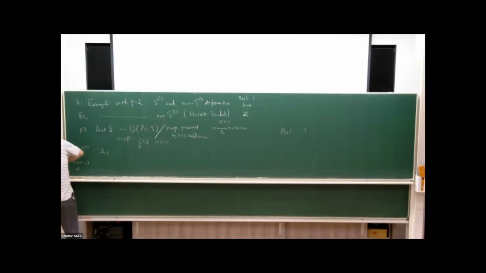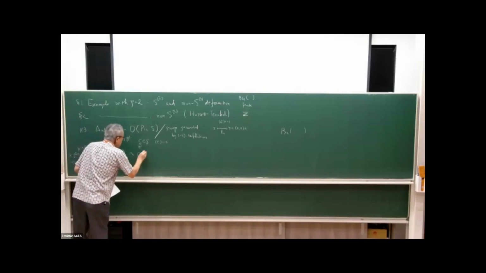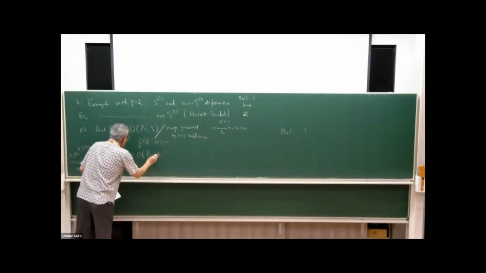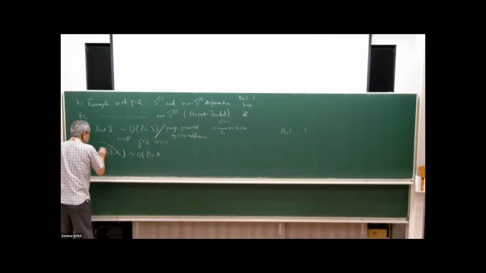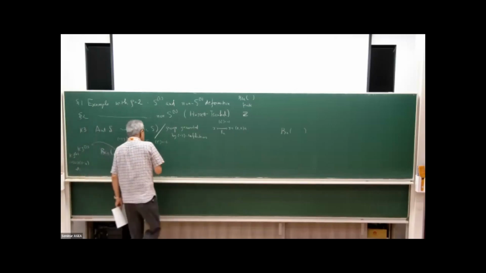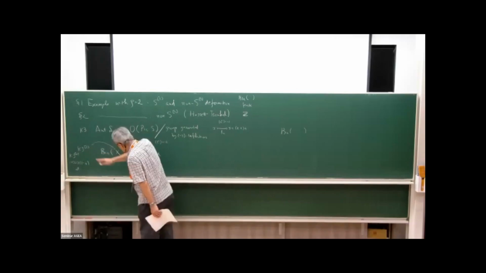I'm sorry, birational is again O(H²(X)). So this is K3^[2]. The deformation type is K3^[2].